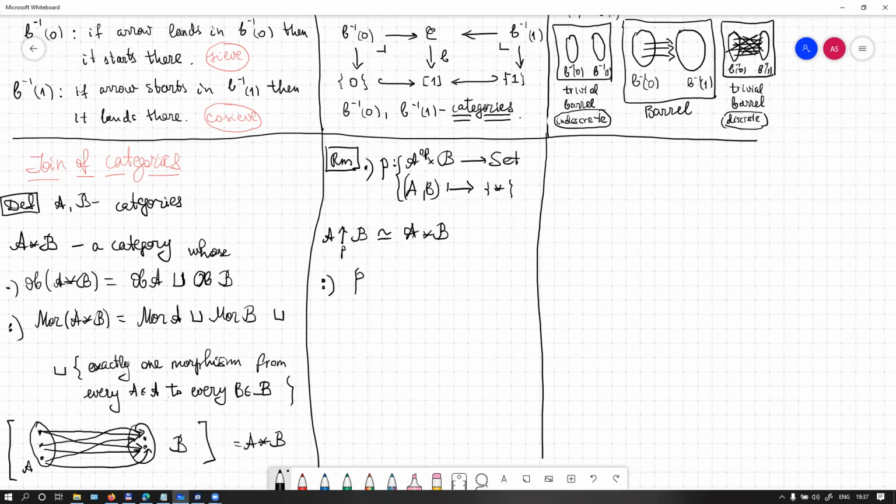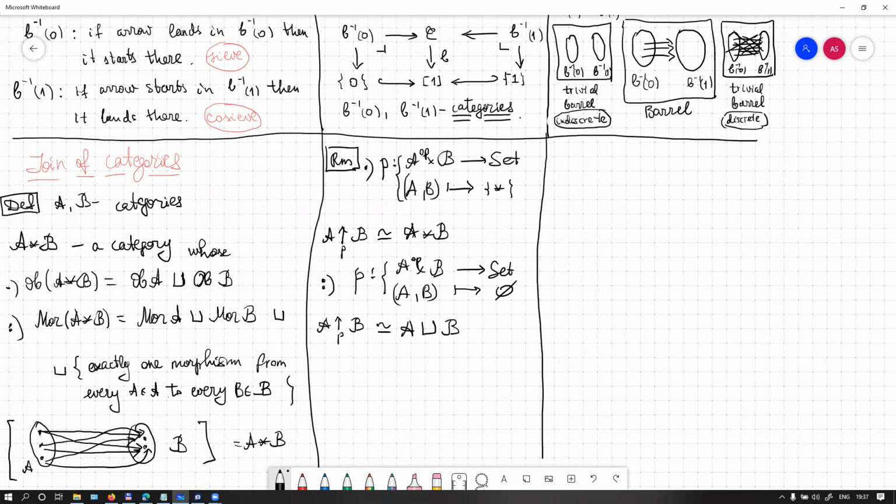If you define the profunctor P from A op cross B to Set, here will be A, here will be B, and it goes to an empty set, then your co-comma category will be isomorphic just to the coproduct of categories.